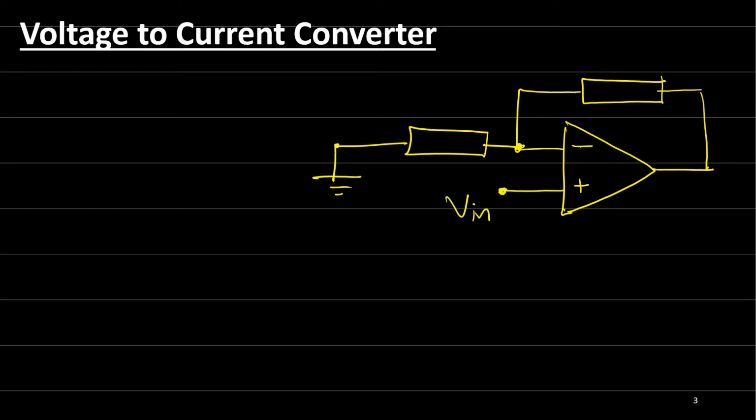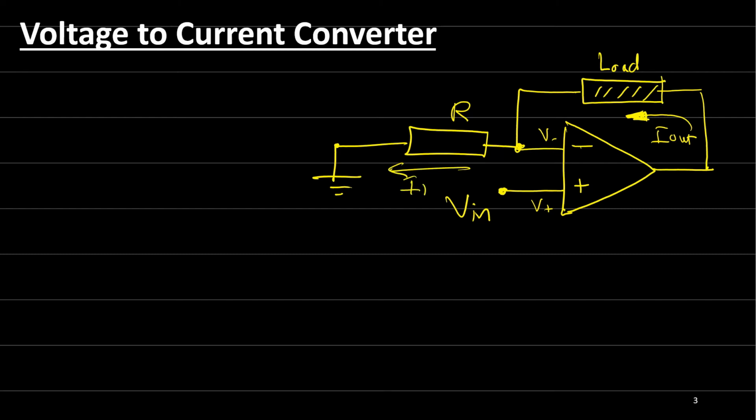This is V plus, this is V minus, and here I'll say this is R. The difference here is that this resistor is the load resistor. It's not a feedback resistor, although it's connected from the output to the input, but this will be measuring the output current. So this is a load resistor. I'll say this is I out, and here is I1.